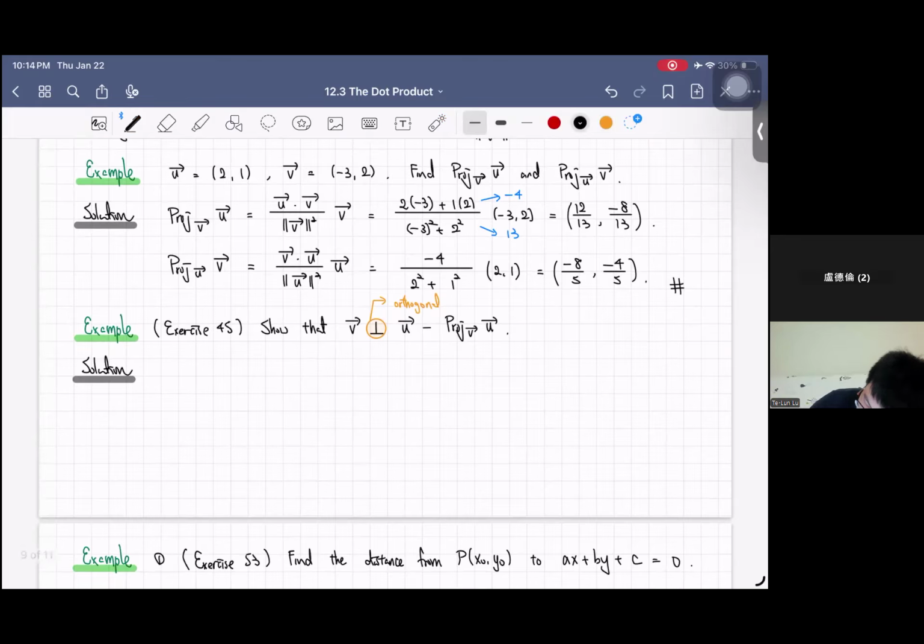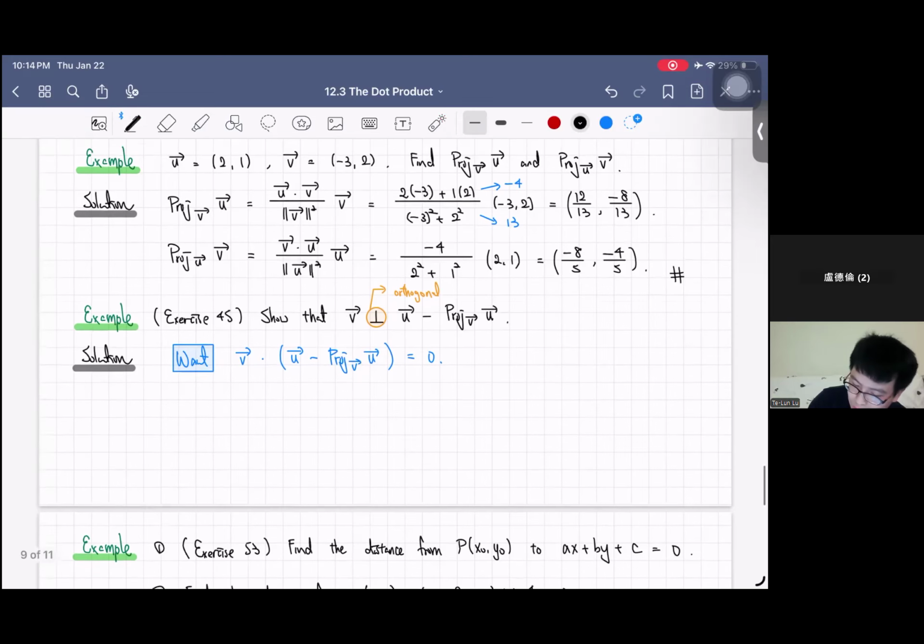We want to show that they have dot product being 0, and it's a scalar, not a vector. So let us just compute that directly.